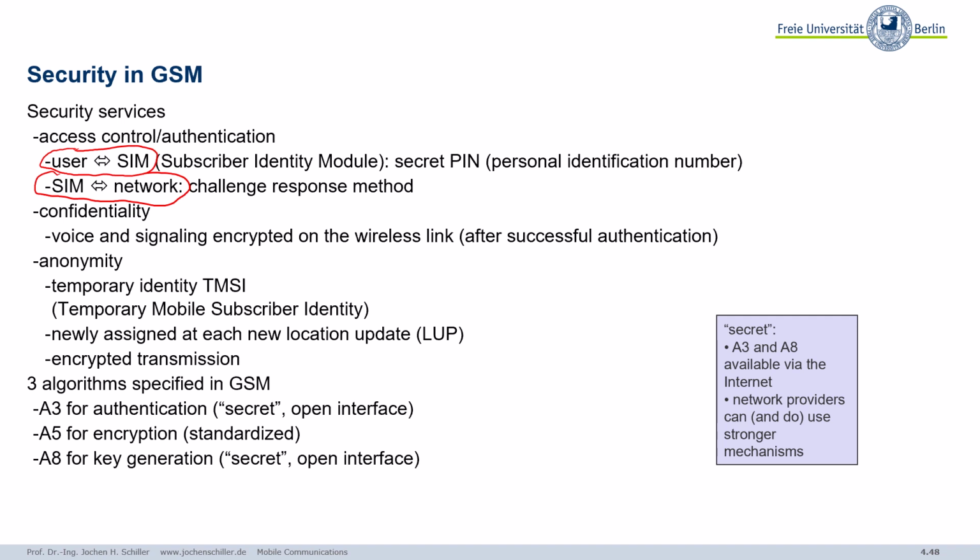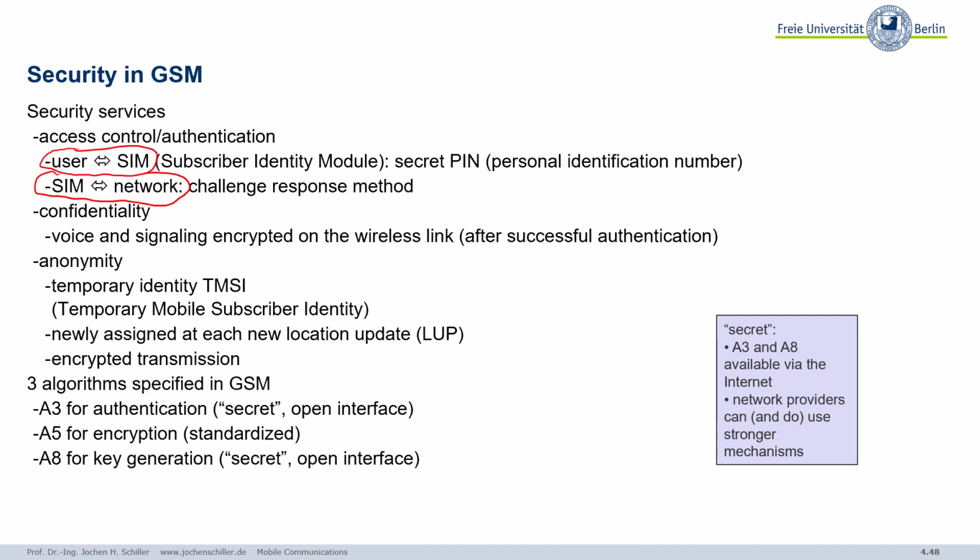The subscriber pays independent of the device. The device itself is not that important. So the contract, the subscriber, and the SIM brings this all together. So that means the SIM authenticates itself against the network. And this is where we use a certain challenge response method I will show you on the next slide.